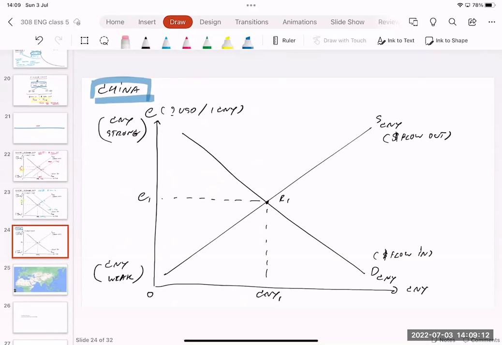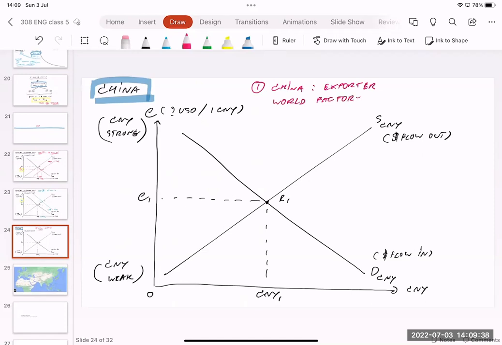So for the case of China, what happens? Information number 1: China is an exporter country. China can produce a lot. China has a nickname as the world factory.